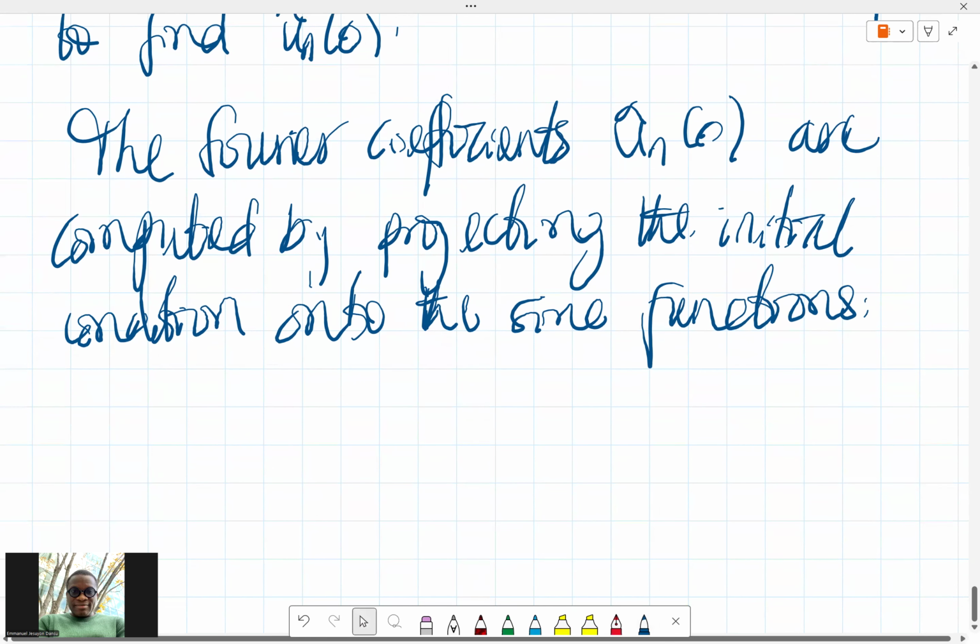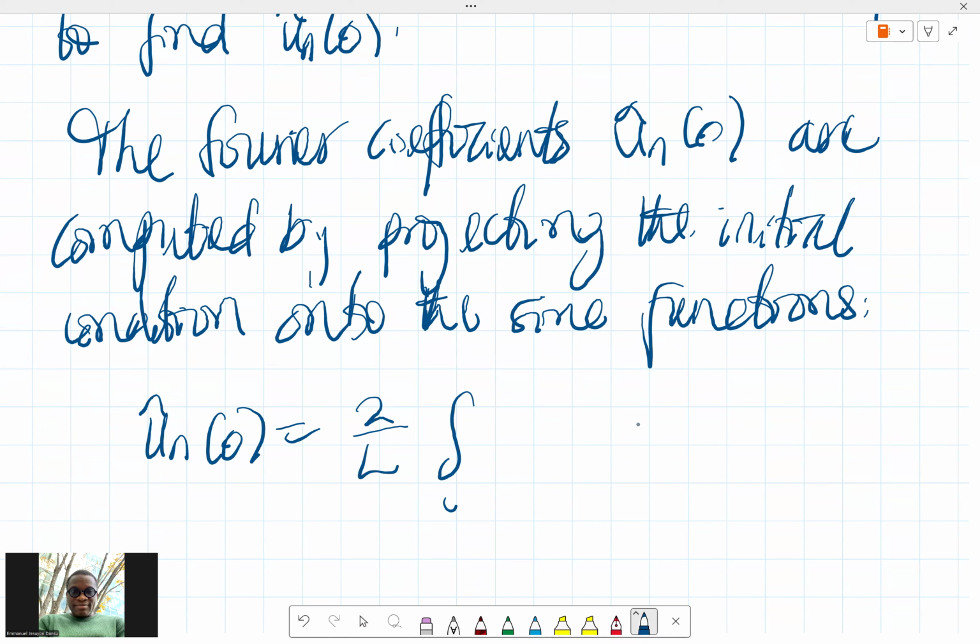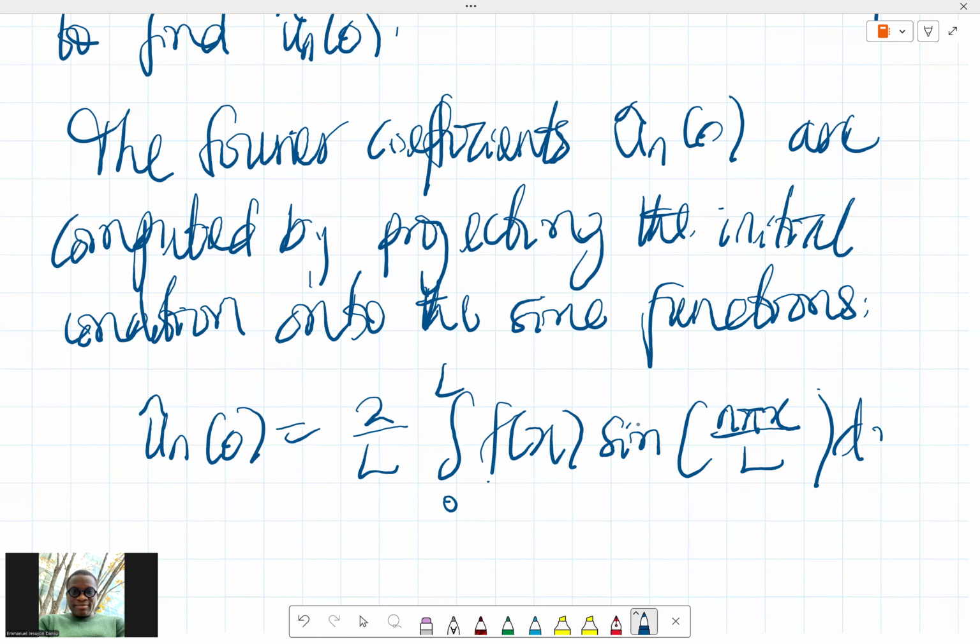So we have u_n(0) equals 2 over L, integral from 0 to L, f(x) sine(n pi x / L) dx.